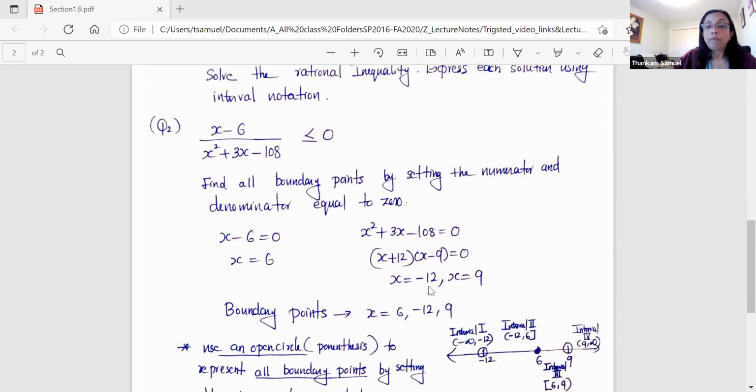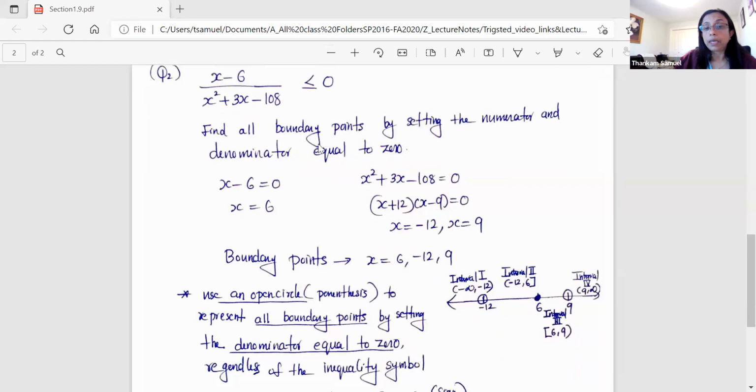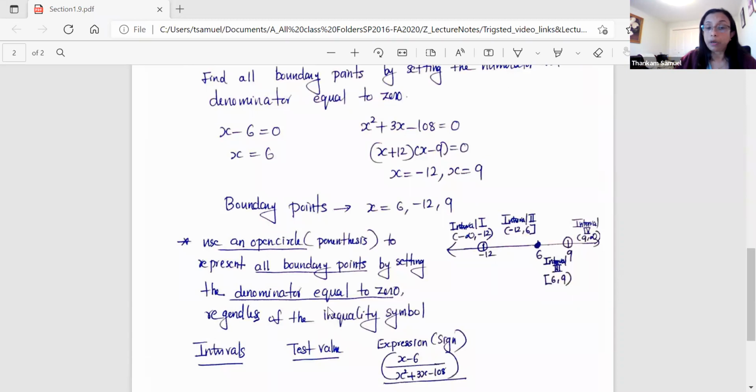When you set x as these boundary points, that makes the denominator 0. That means the whole expression is undefined. So we cannot have these boundary points in the solution set. If the inequality contains an equal sign, always use parentheses for boundary points in the denominator.